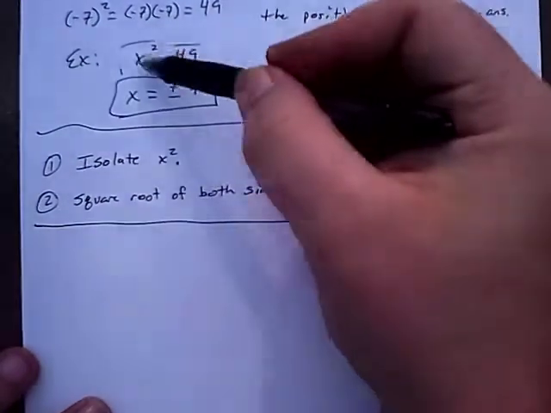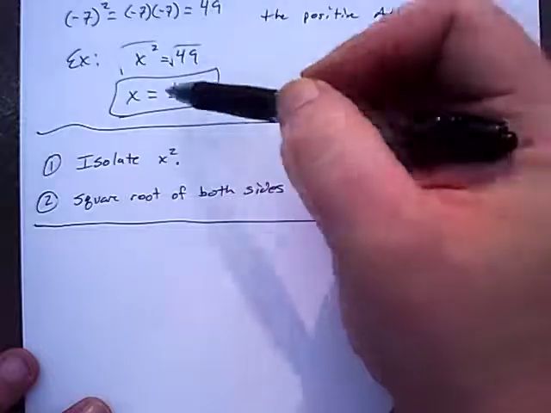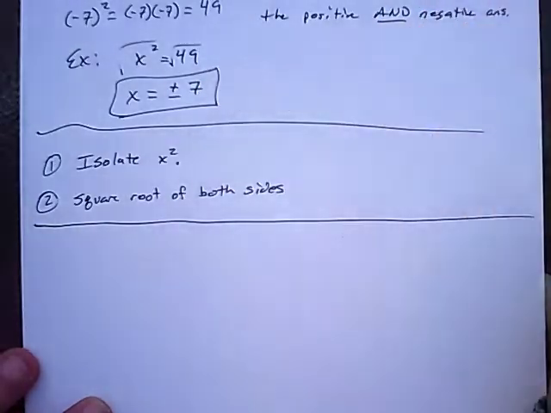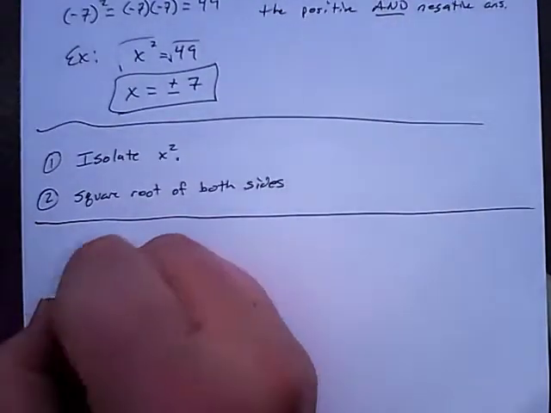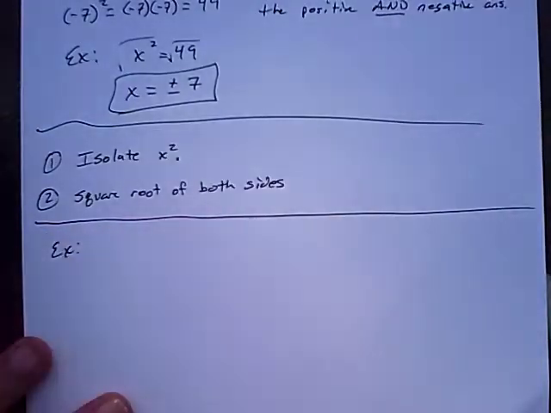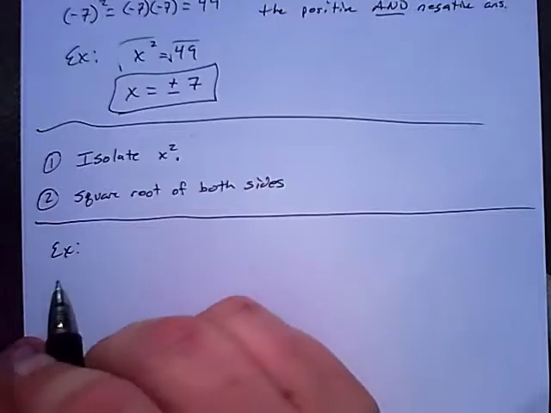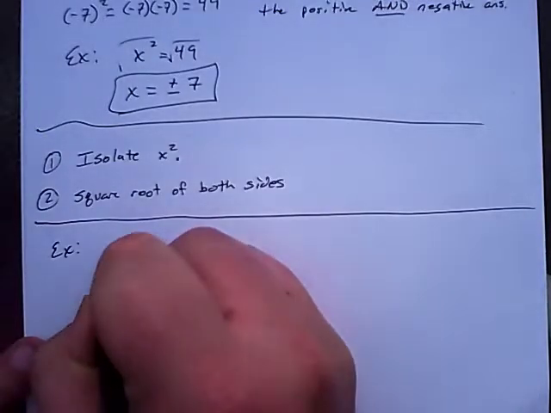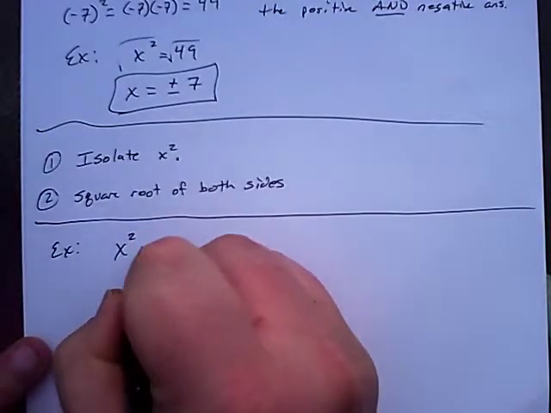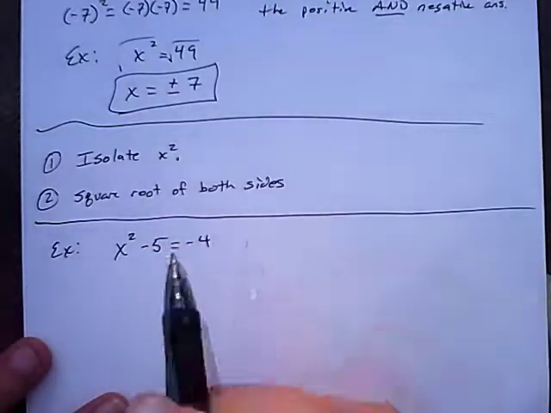So, let's take a look at a few examples. As we've already seen, x squared equals 49. We take the square root of both sides, and we get x equals plus and minus 7. Let's take a look at one that's not so obvious. x squared minus 5 equals negative 4.